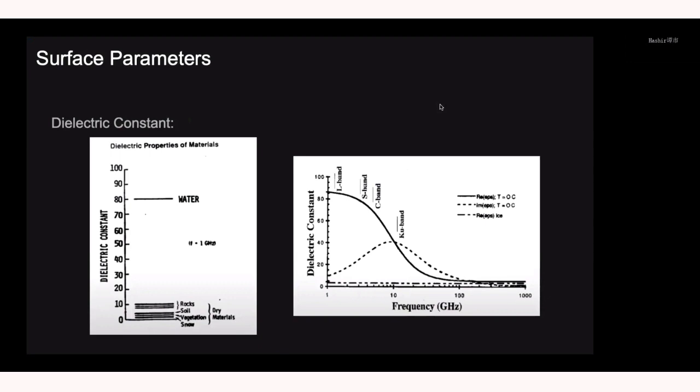The strength of a backscatter signal that goes back to the sensor is proportional to the dielectric constant of the surface. For example, for dry materials, the dielectric value ranges from 2 to 8, and for a watery surface, it ranges between 40 and 80. Therefore, the moisture in the soil or vegetation can influence reflectivity.